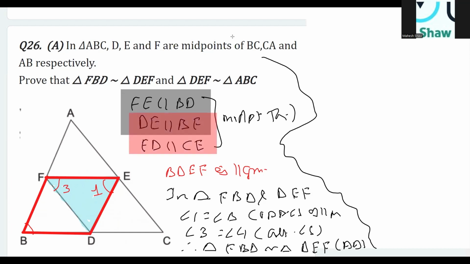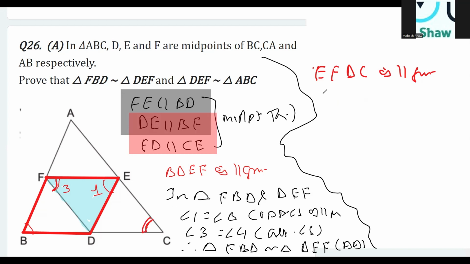From these two, we can say that EFDC is a parallelogram. Now, if it is a parallelogram, in the same way I can say that angle 3 will be equal to angle C here.